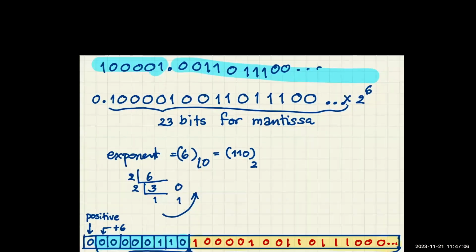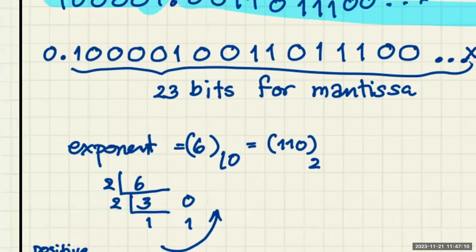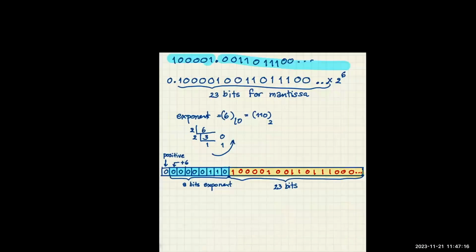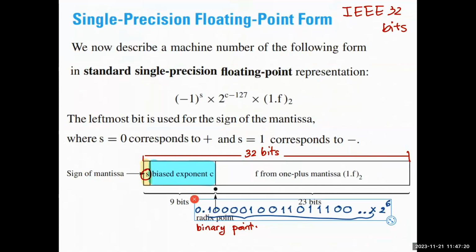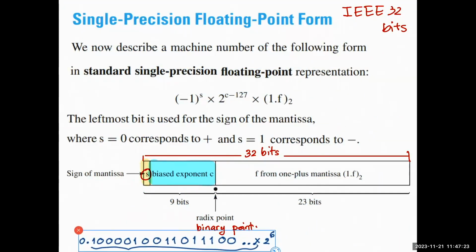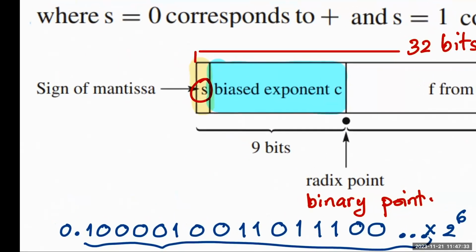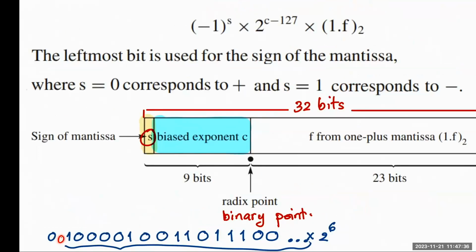Let me copy this number. In this form, for the last one here, instead of moving it here as the normalized floating point number, because as I said, we always know that in the normalized floating point number the first number after the binary point must be 1, we don't want to store that.